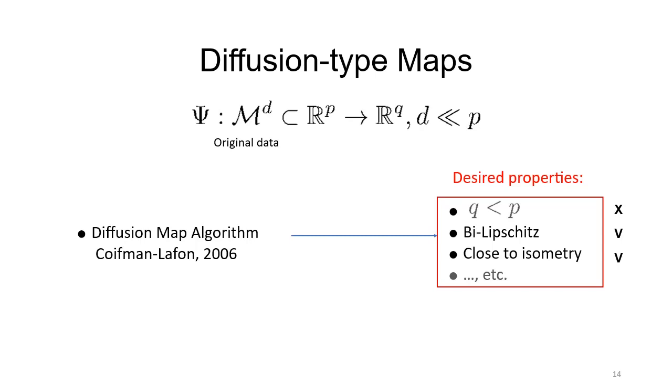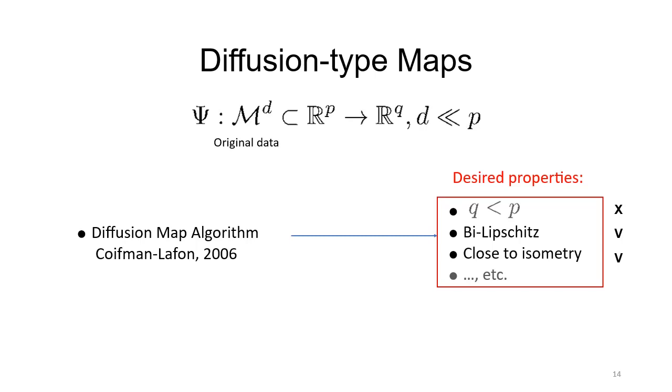I want to talk about some theoretical results we have for diffusion maps. It is proven that under certain geometric conditions, the diffusion map can reach bi-Lipschitz and can even be close to isometry.